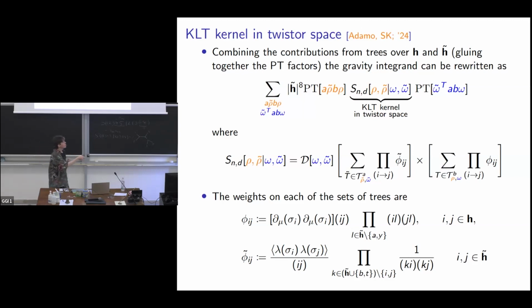And this is the definition of this KLT kernel. So here is where I've put all of these somethings that I was mentioning earlier. And we have a prefactor which only depends on this ordering and not the other one. And these are the weights on each of these trees. And here, this notation means that we're considering all trees that are compatible with the orderings rho tilde and omega tilde.